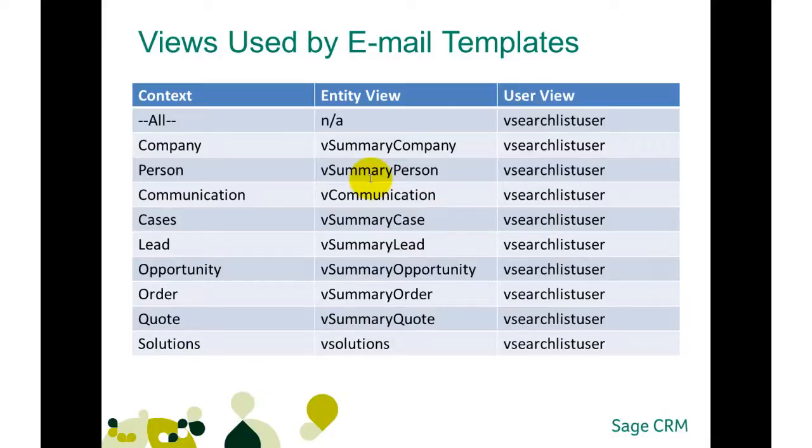Now, it's important to realize that these are not fixed fields that can be included inside the template. It is something that is dynamic. So if the view encompasses a particular table and you add a field to that table, that field will become available inside the mail merge as well.